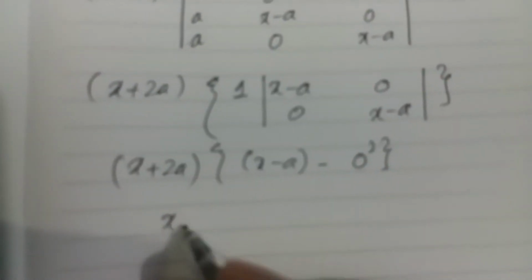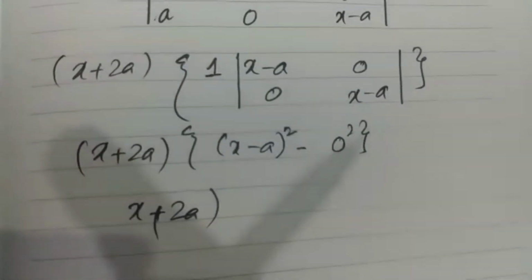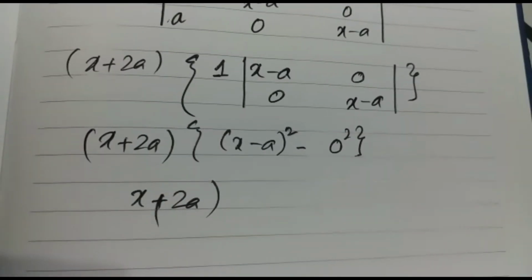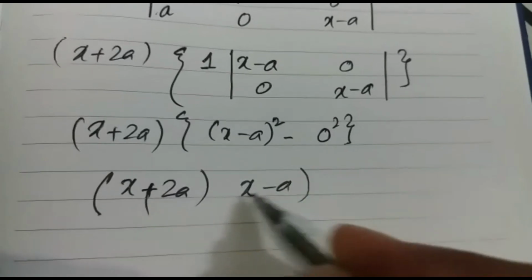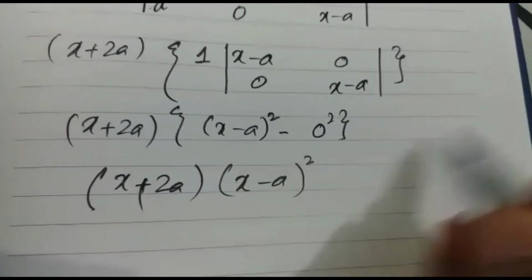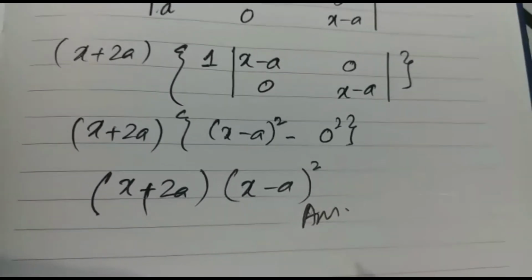Then we have X plus 2A and X minus A whole square. Minus 0 is omitted, so we have got this as the answer.